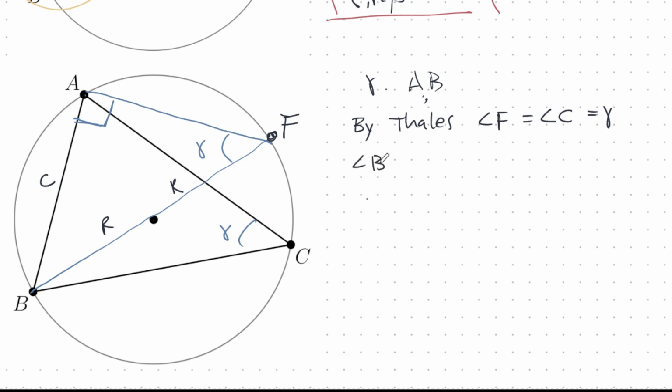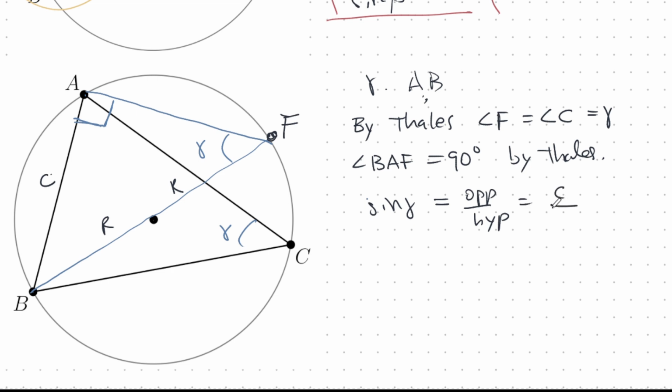Angle BAF must be 90 by Thales. Great. So we are able to write the sine now. Sine gamma is opposite over hypotenuse. So that's C over hypotenuse 2R, and C over sine gamma is equal to 2R, and we're done. Or it seems that we're done.